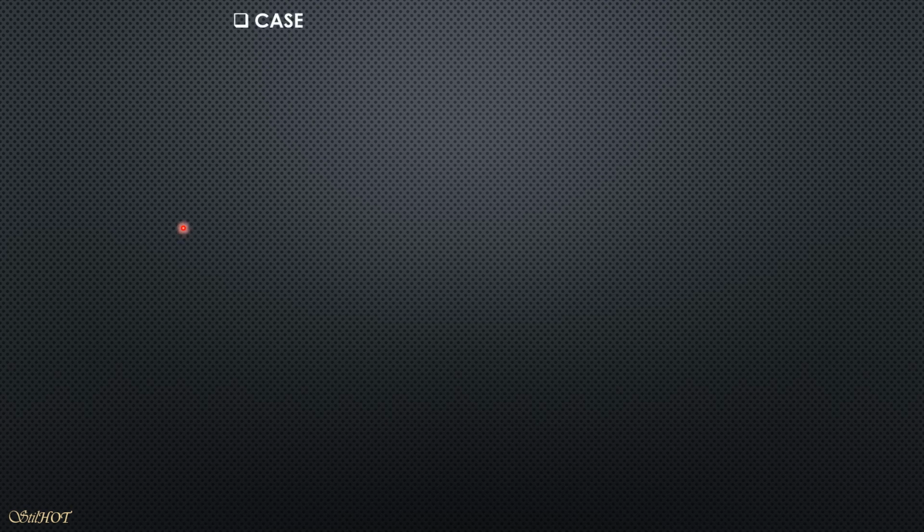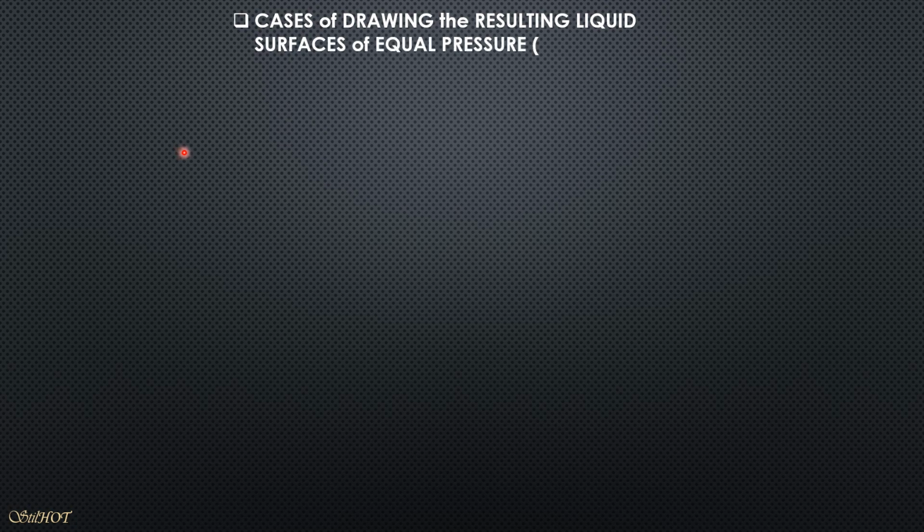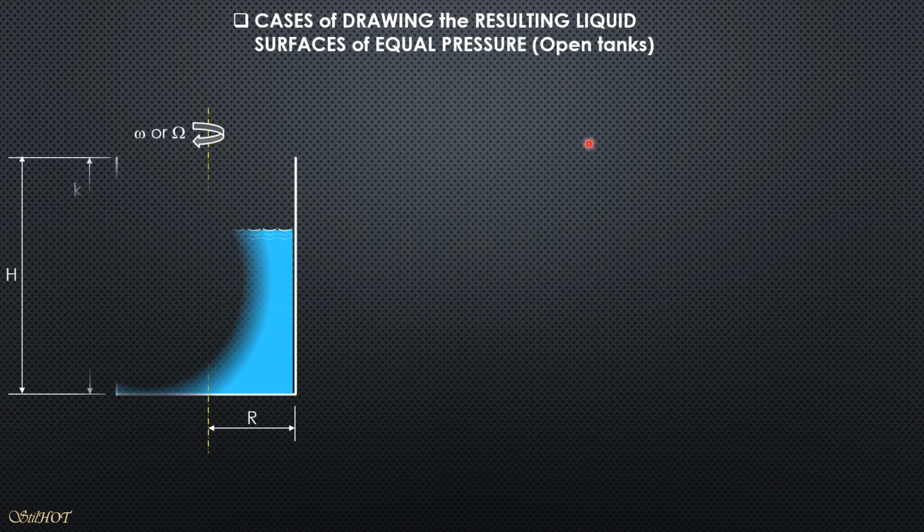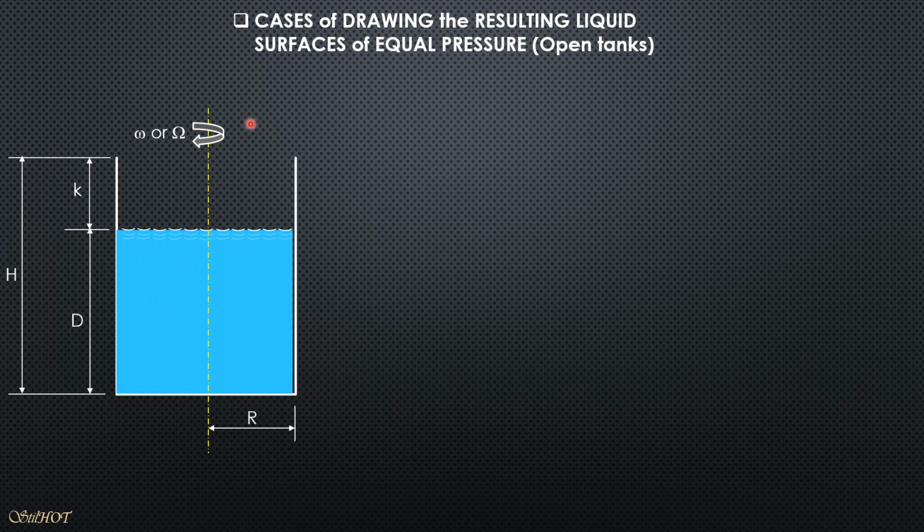Here I'll discuss cases of drawing the resulting liquid surfaces of equal pressure for open tanks. If the tank is rotated slowly, the parabolic surface of equal pressure will just be below the top rim as shown in the figure. No liquid is spilled for this case, and this H1 here will, again by principle, be divided by this horizontal line, so that's H1 over 2, H1 over 2.